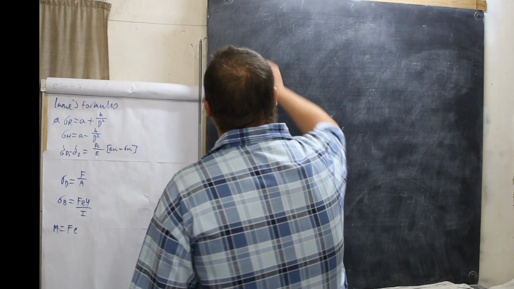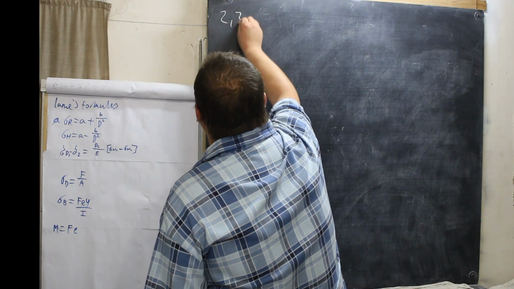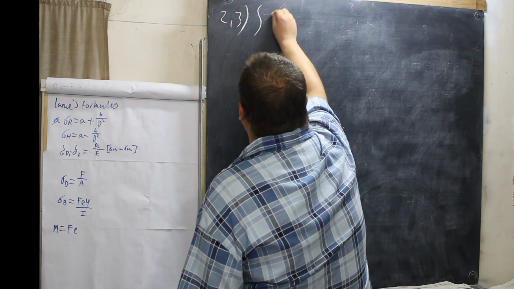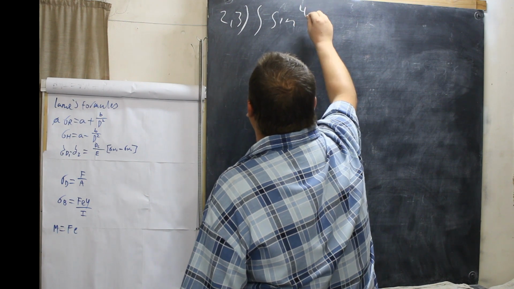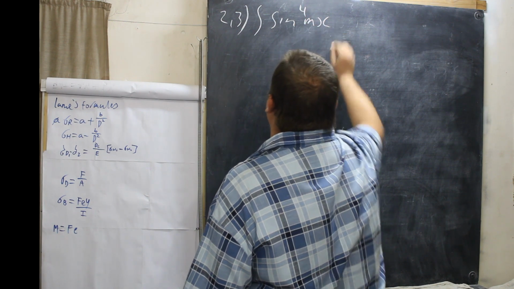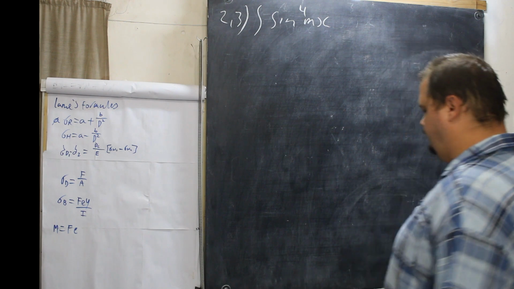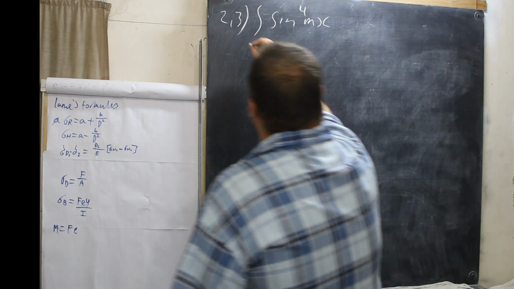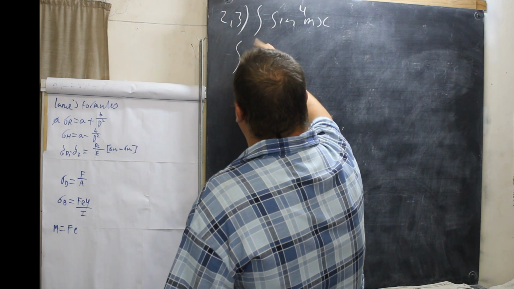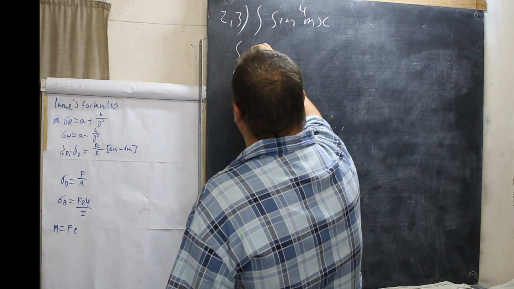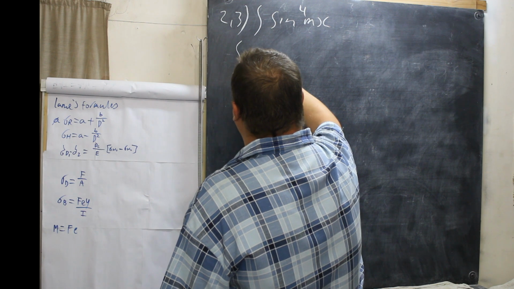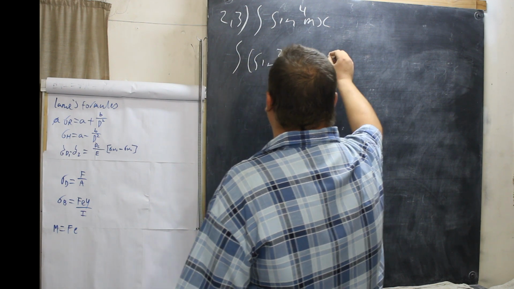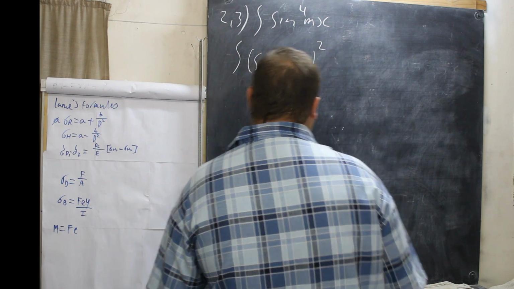Okay, first things first. Now we've got 2.3. So this is the integral of sin^4(mx). Okay, how this will work is the integral of the bracket of sin^2(mx), to the power 2.